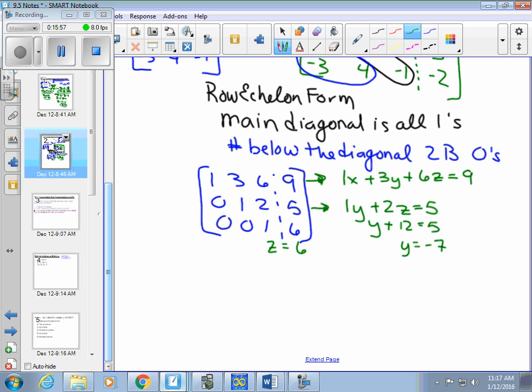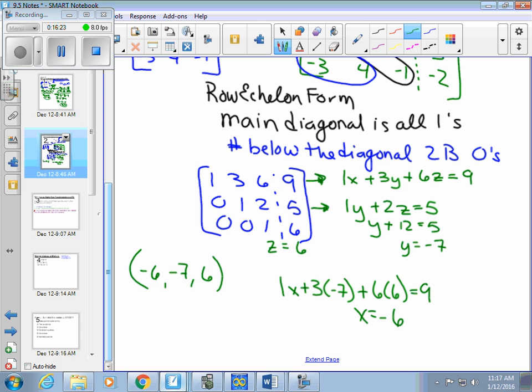If we plug things back in, I would get 1x plus 3 times negative 7 plus 6 times 6 gets us to 9. Negative 21 plus 36 is 15, minus 15. Do we get x is negative 6? That's not too shabby of an example, I suppose. And our ordered triple for a random problem using row echelon form we could solve by back substitution.